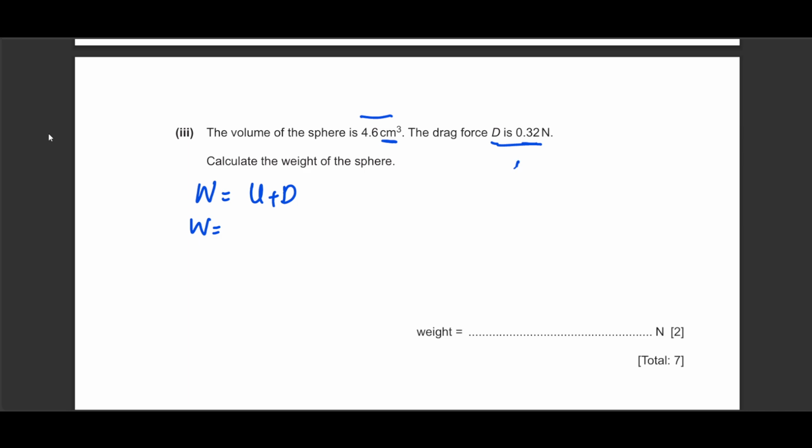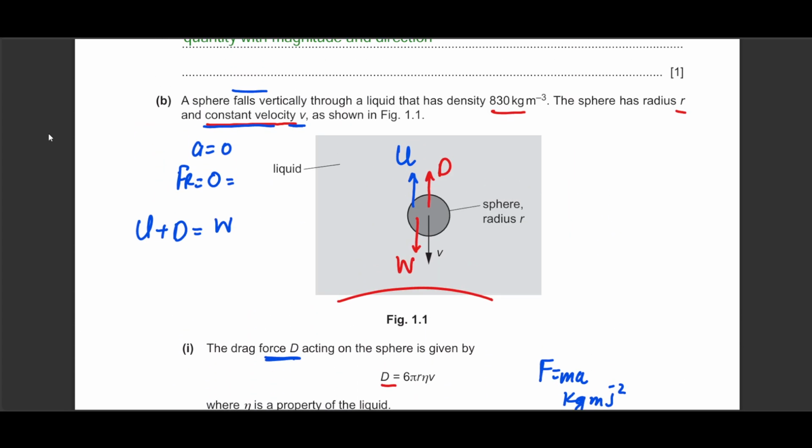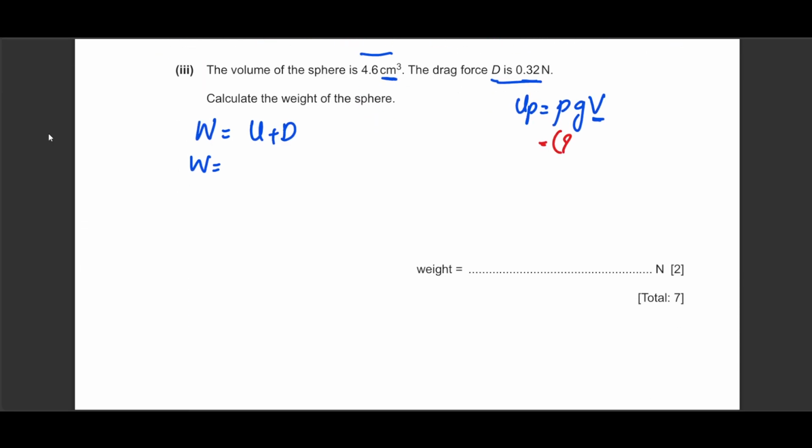So let's find the upthrust first, which is by a simple formula, Archimedes' principle, ρgV. V is the volume of the displaced liquid. The density of the liquid was given to you in the previous part, which was 830. So this is 830 multiplied by g, which is 9.81, multiplied by V, the volume, which is 4.6 centimeters cubed. Be careful, this will be 4.6 divided by 100, cubed.